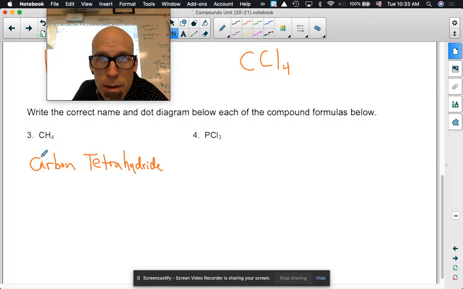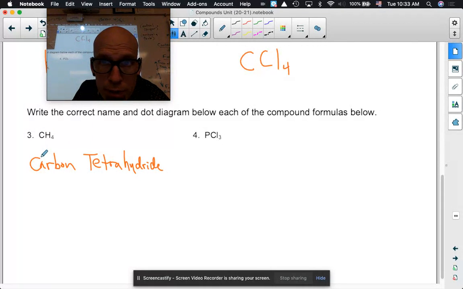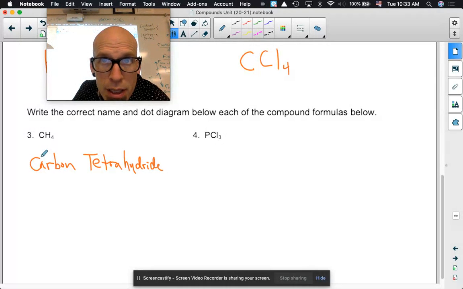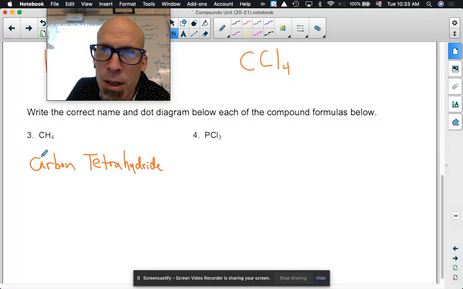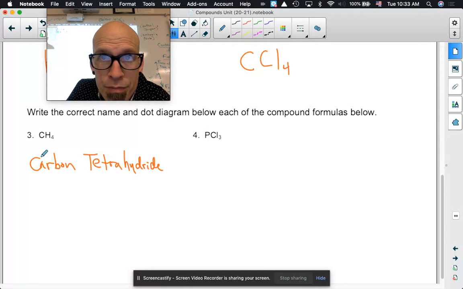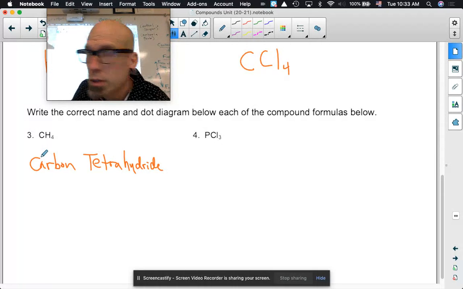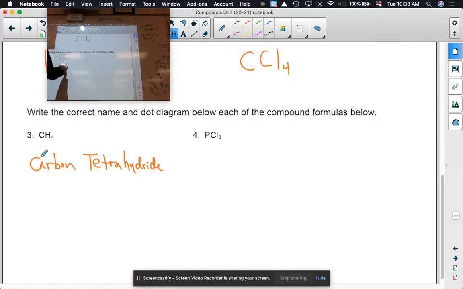And then we have PCl3. What's the P? Again, no subscript, so there's no prefix. It's just one of them. And the P is not potassium. Man, people are still doing that. Not potassium. Phosphorus. So it is phosphorus.